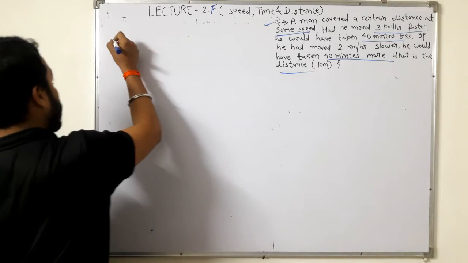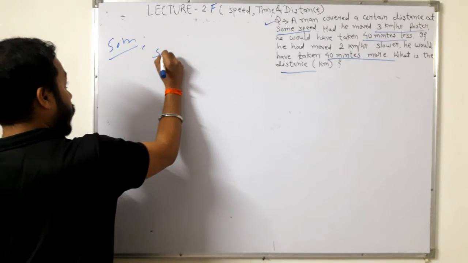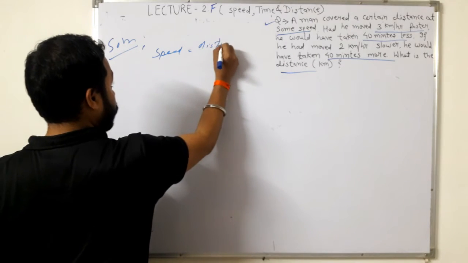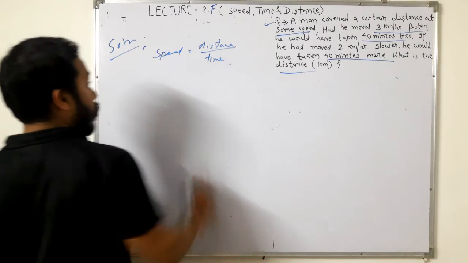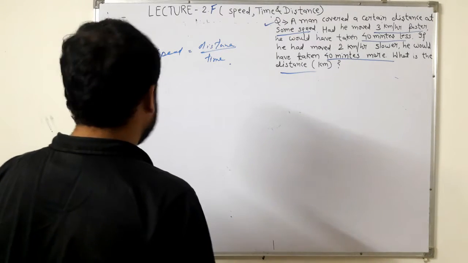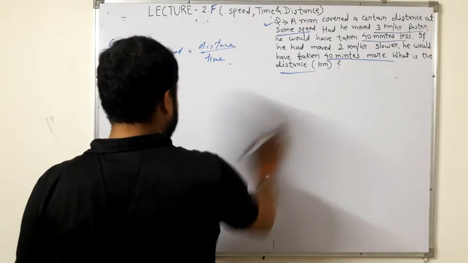So first of all, do not forget the formula: speed is equal to distance divided by time. Okay, so can we write one equation here?